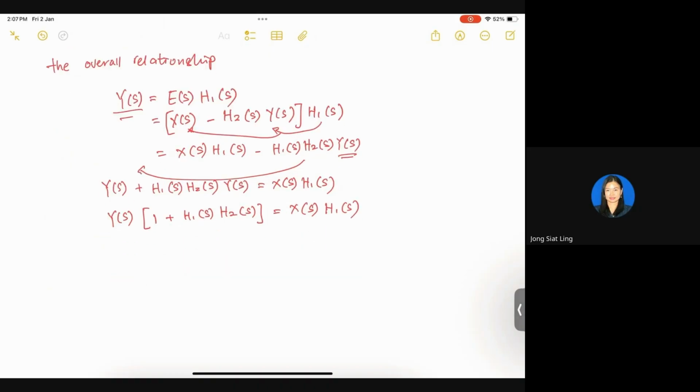So we know that the H(s) is the output divided by the input. Input is the X(s). So H(s) is H1(s) divided by 1 plus H1(s) H2(s). Okay, that's it.